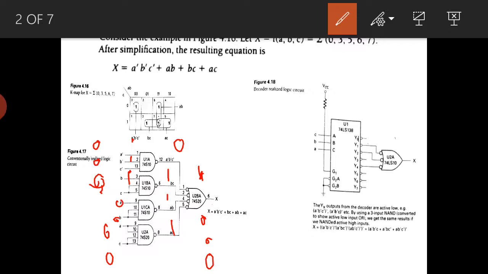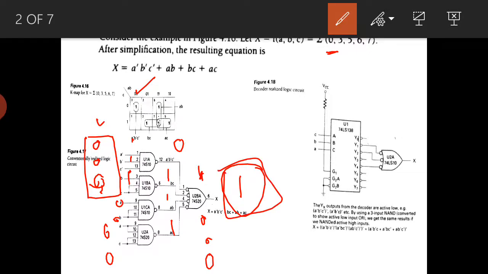If it is 1 0 0 0 for the OR gate, the output is 1. So if I give the input as 0 0 0, I will get the output as 1. As we are seeing in the k-map or in the min terms, for the 0 0 0 position, I will get the min term output as 1, active high.